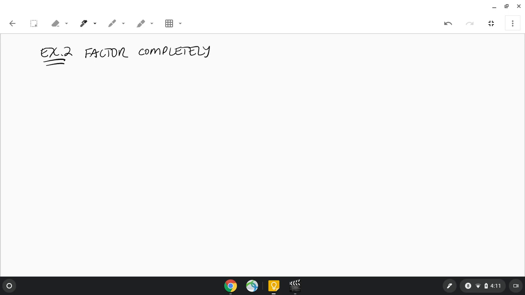Factor completely: suppose that I have x cubed minus 2x plus 4. Clearly that is not factorable.